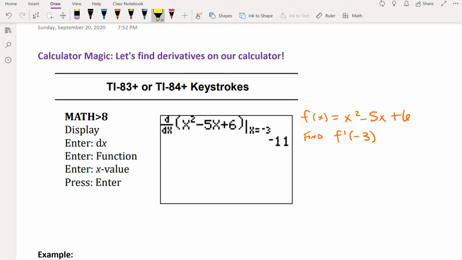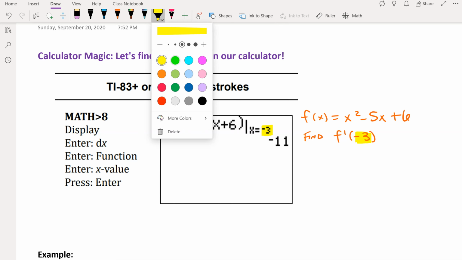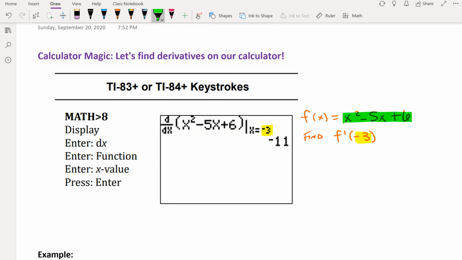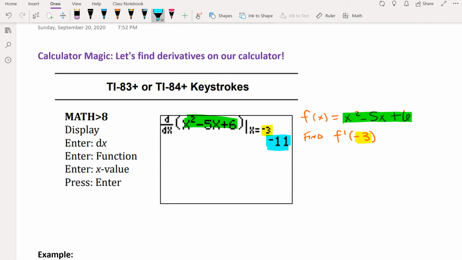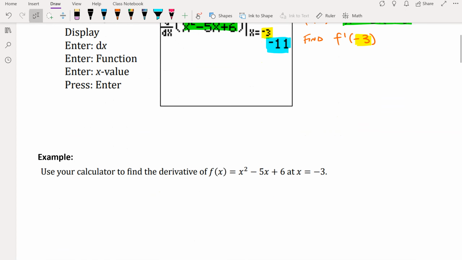You can see they plugged -3 in right here, they plugged their function in right here, and then it spat out the derivative. The answer is -11.